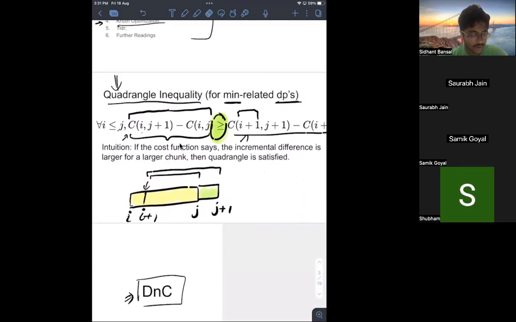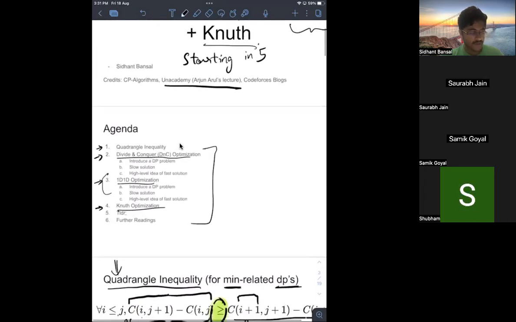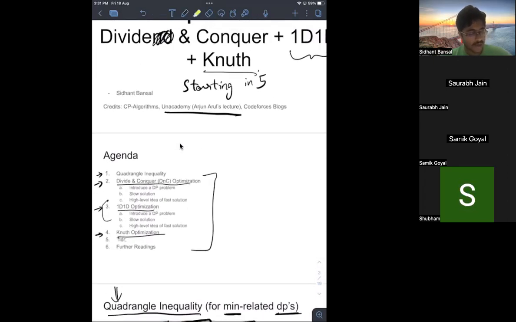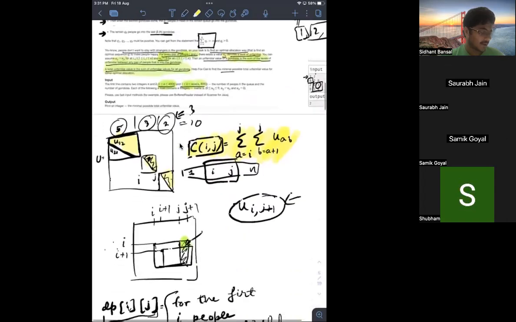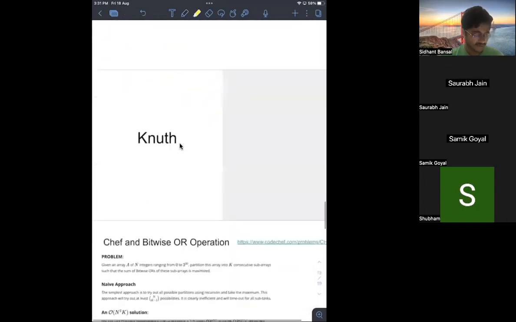First off, there are two variants of the quadrangle inequality. The one that I'm mentioning here is the easier variant, easier to understand and digest. I copied this variant from Arjun Arul's lecture on Unacademy. It's a pretty good lecture if anyone wants to watch for DP optimizations. His way of explaining these things is pretty good. I've also shared the link here. It's a free lecture on YouTube.